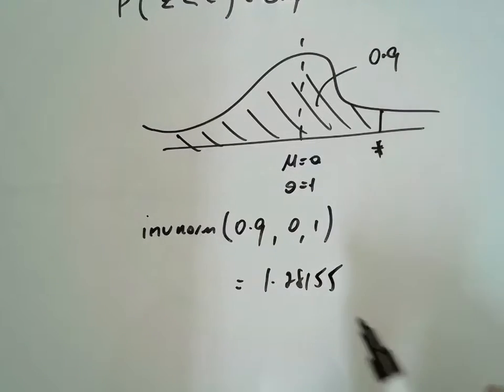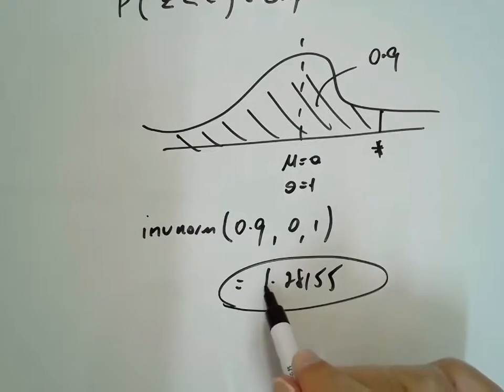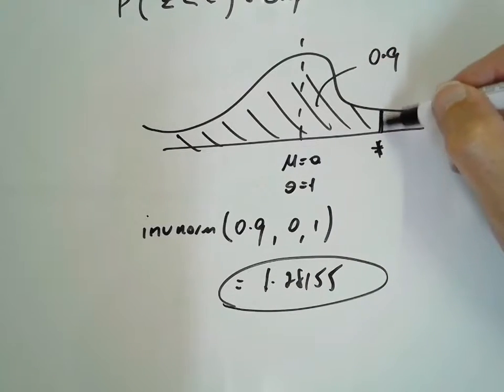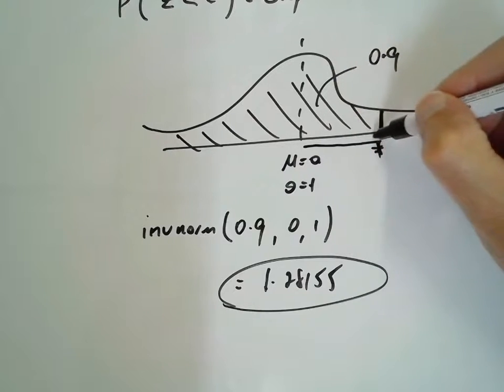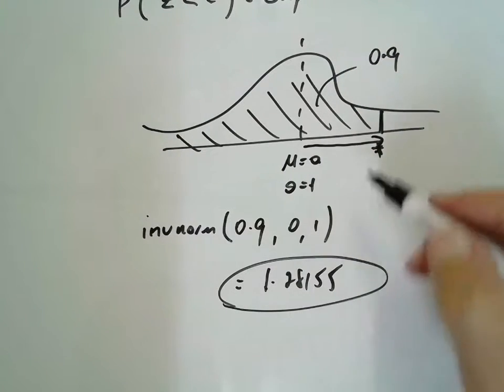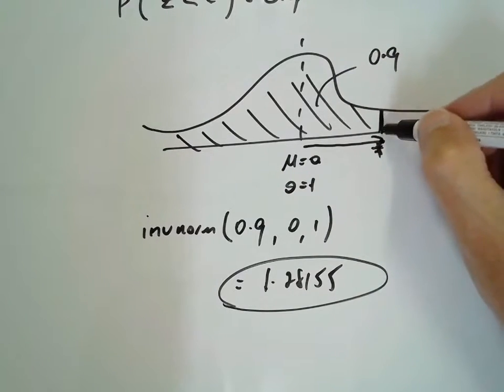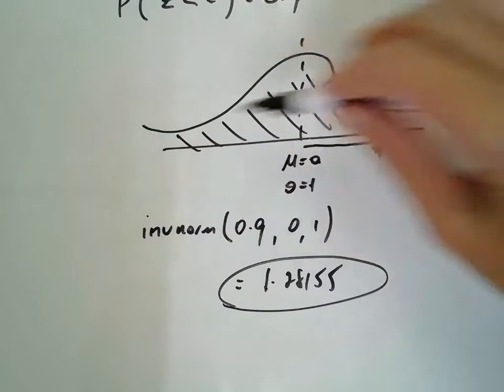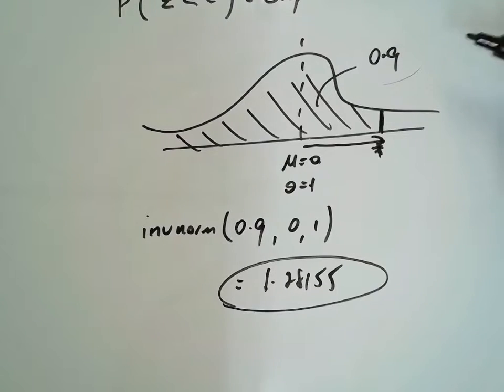Okay, we need to make sure we understand what that means. That means that if we go to the right 1.28 standard deviations above the mean, then beneath that we'll have 90% of whatever we're measuring, population, lengths, you name it, 90% will be beneath 1.28 standard deviations. Okay, that's the first question.